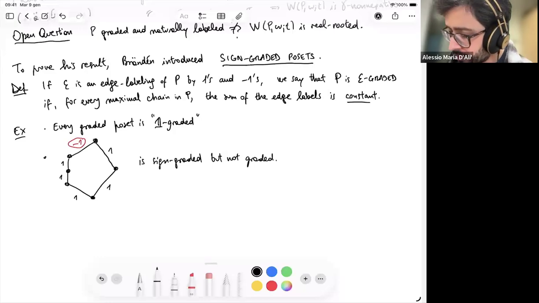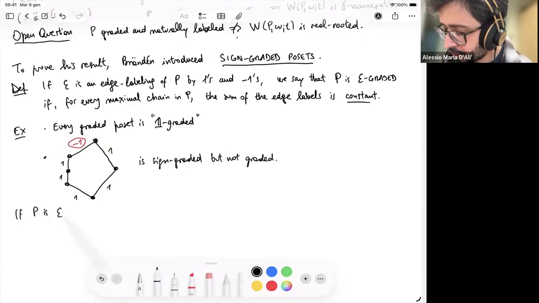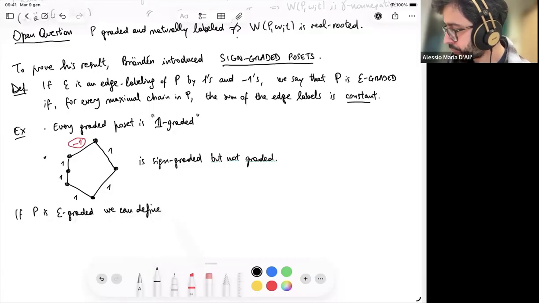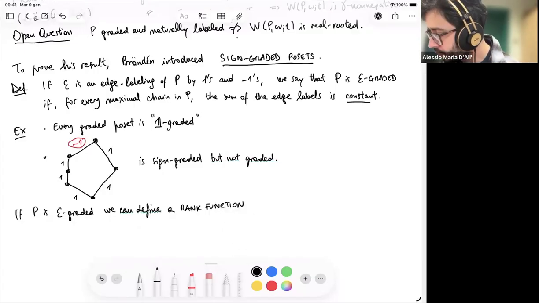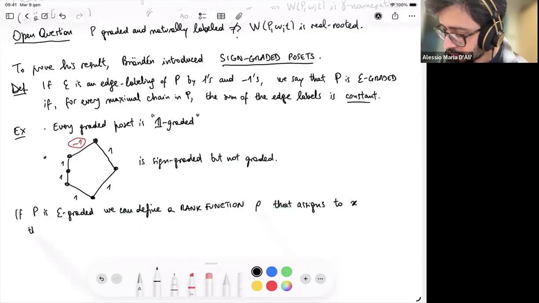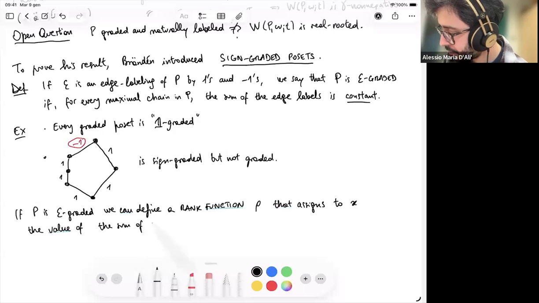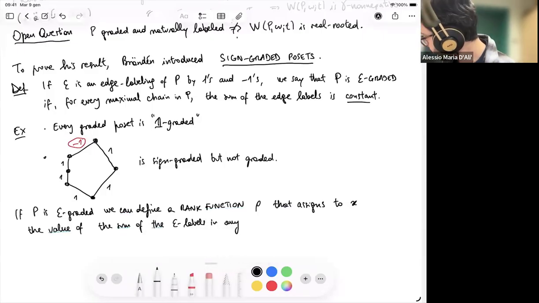So in this case, if P is epsilon graded, say, we can define a rank function that I'm going to call rho. And this just assigns to each x the value of the sum of the edge labels in any maximal chain that ends at x.